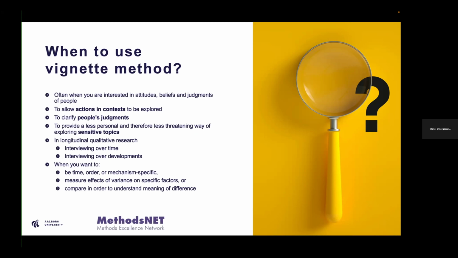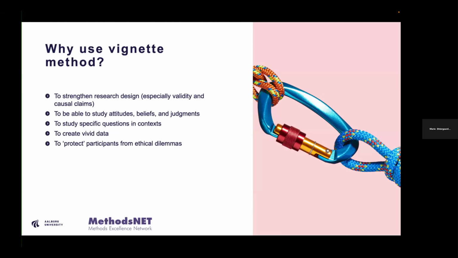So one thing is when to use the Vignette method. Another question is why do it? As I said earlier, it's not something you just do overnight. Developing a Vignette takes a lot of work.